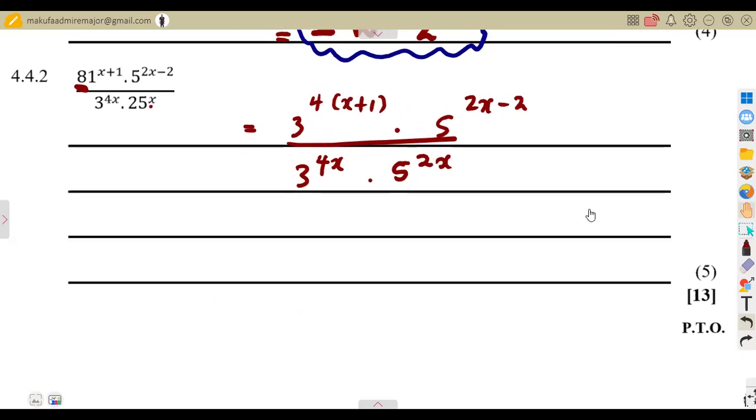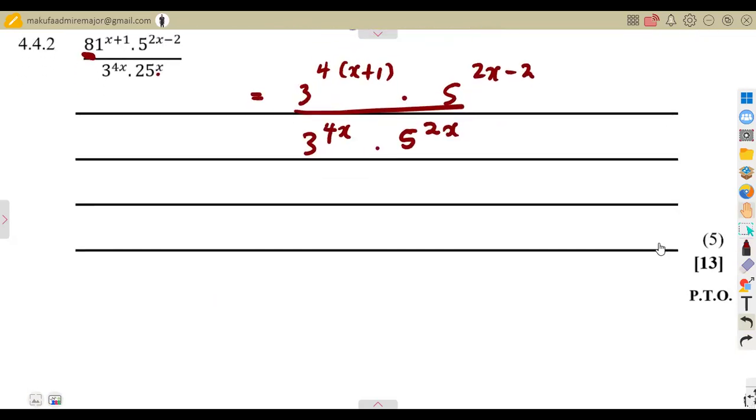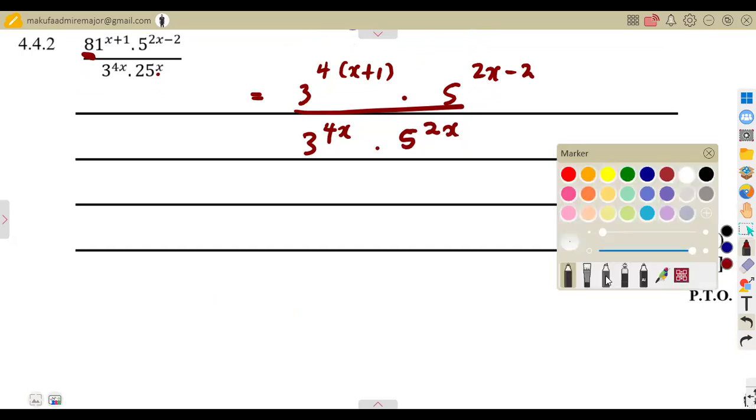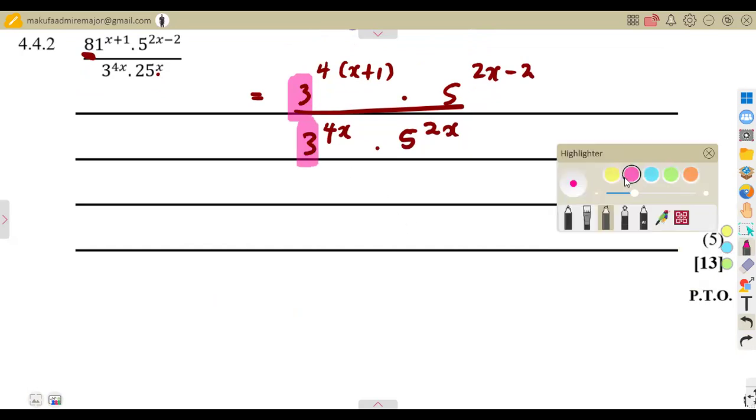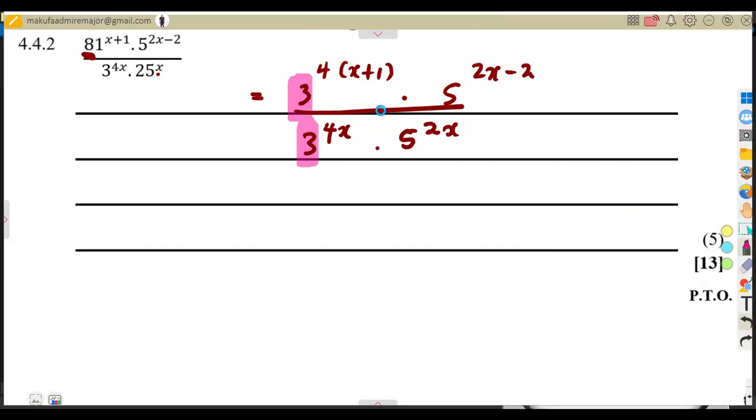Considering that we have got the bases which are the same, I'm considering the base of 3, same base. Dividing, we know that we are going to subtract the exponents. We are dividing, so what are you going to do?